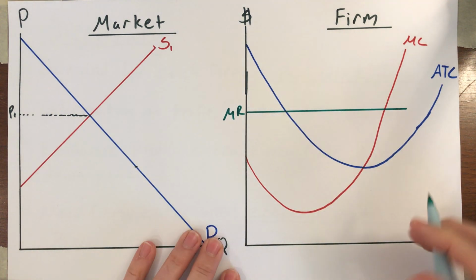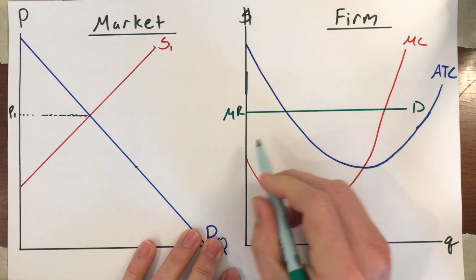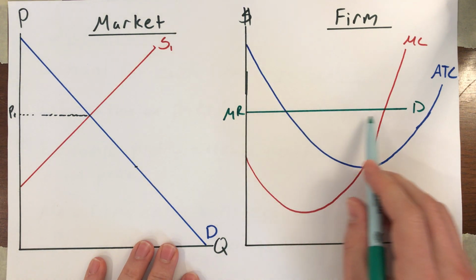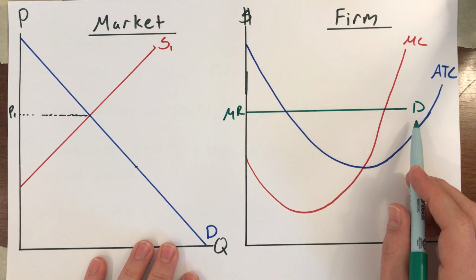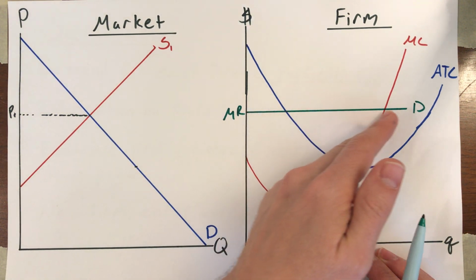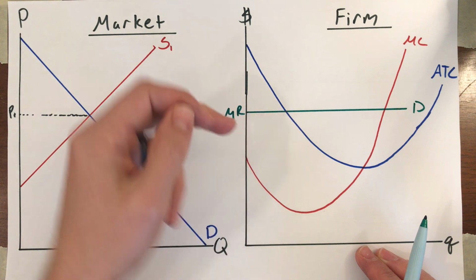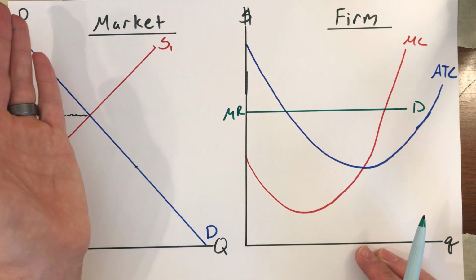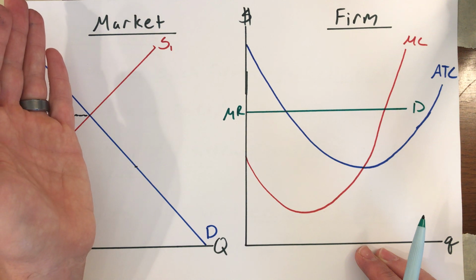And it is also the firm's demand curve. From the firm's perspective, this marginal revenue, this price, is equal to their demand curve, which just tells you that they can supply any number of units they want to along this demand curve. If they raise their price at all, then immediately consumers are not going to want to buy any product from them.